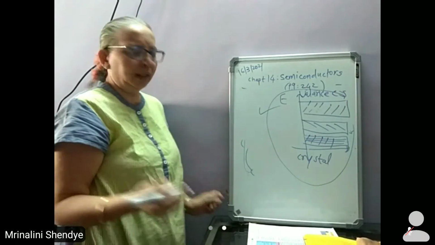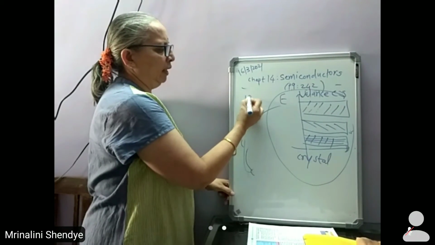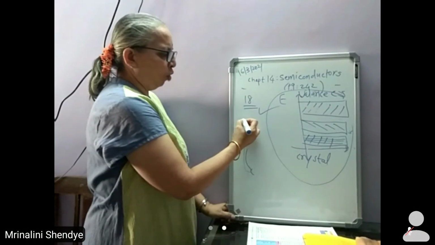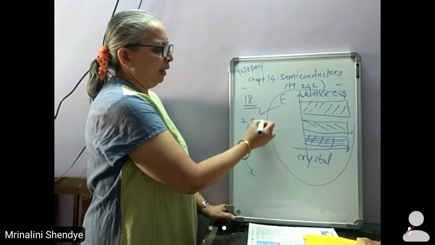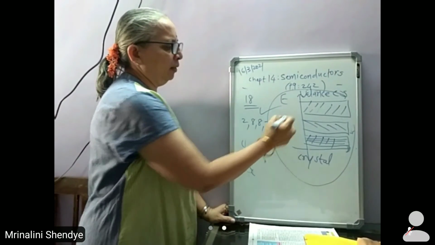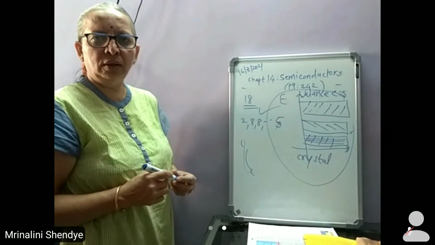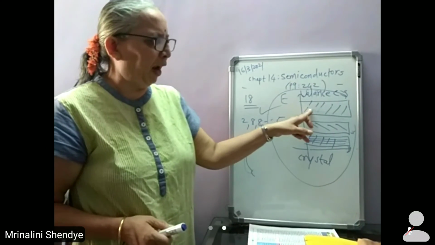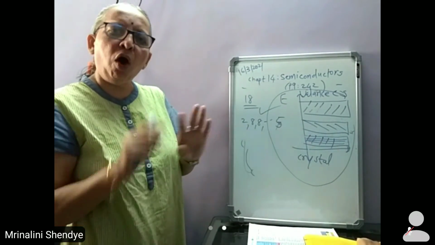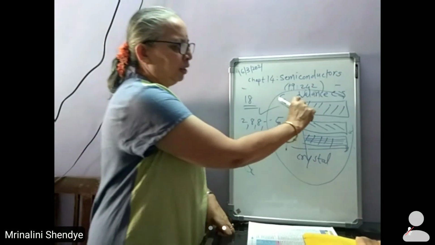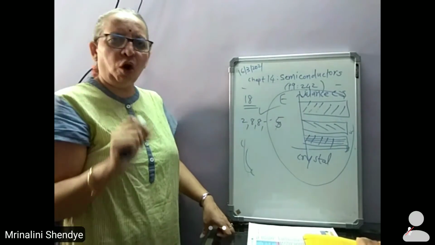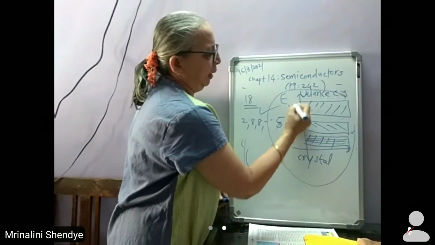Suppose one atom has atomic number 18, then you will get the combination 2, 8, 8, and in the last you will get 5 electrons. So this is called the valence band. The topmost partially or completely filled energy band for the given material is called its valence band.